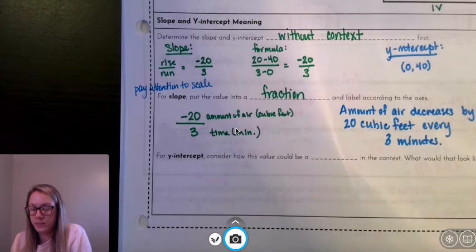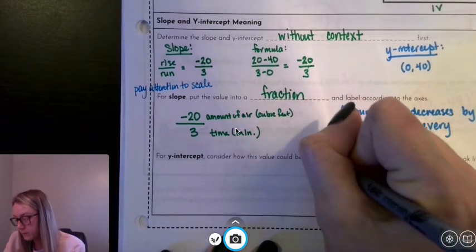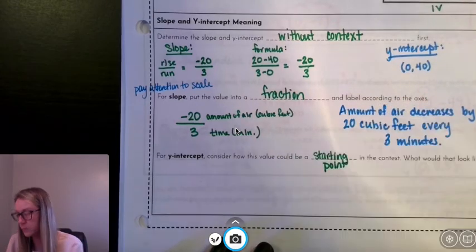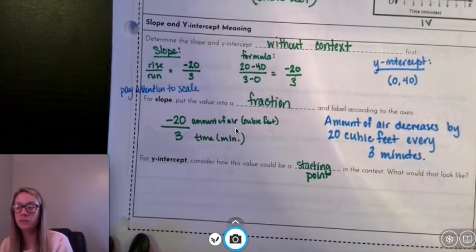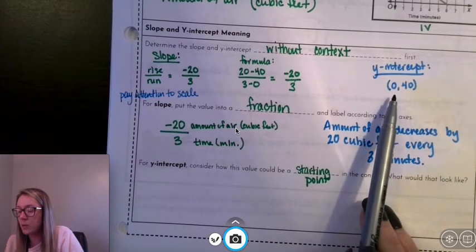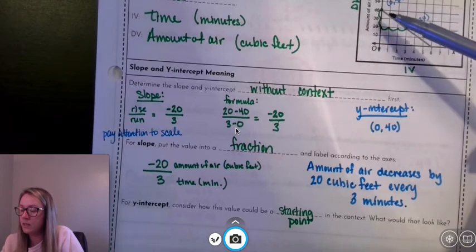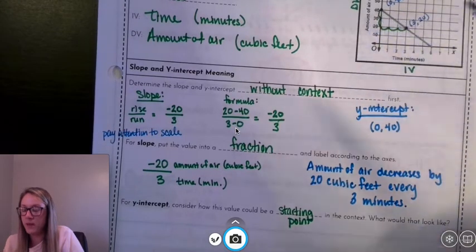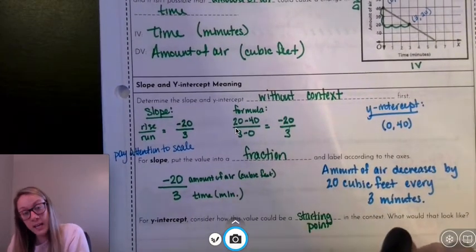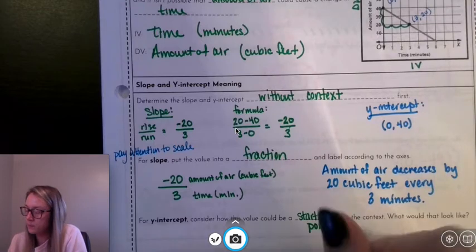So for our y-intercept, we want to consider how this value could be a starting point in the context. So what would that look like? So we said our y-intercept was (0, 40). 0 was the time, and then 40 is the y value, which is the amount of air. So we can say at the beginning, or we started with something along the lines, because that's where our graph begins.